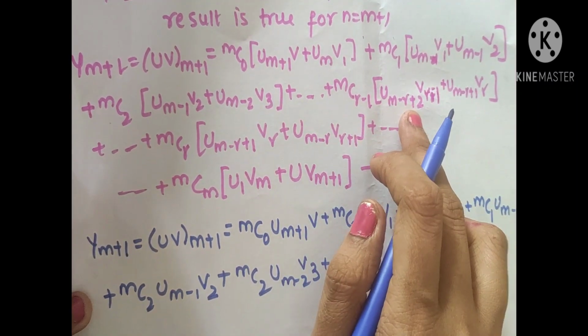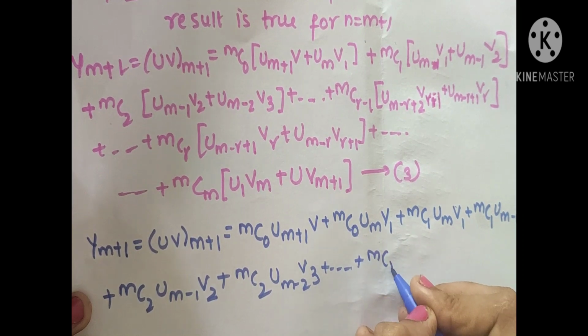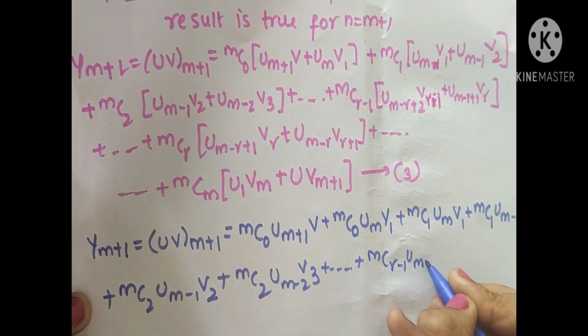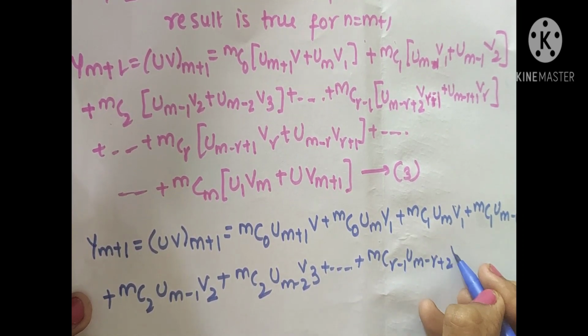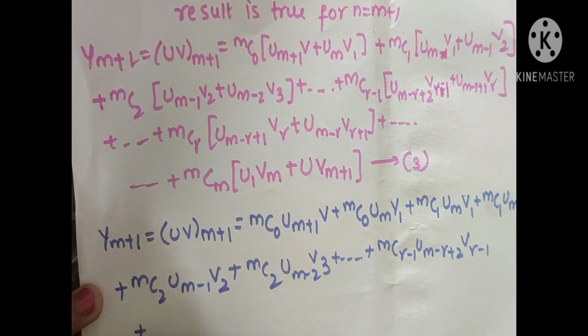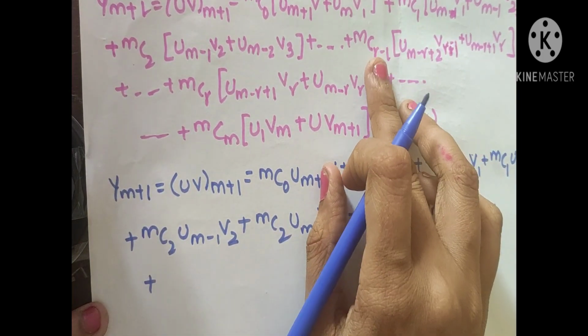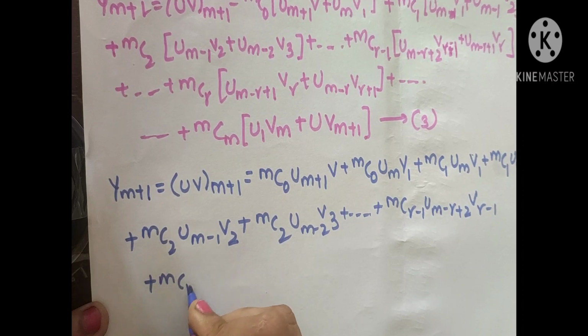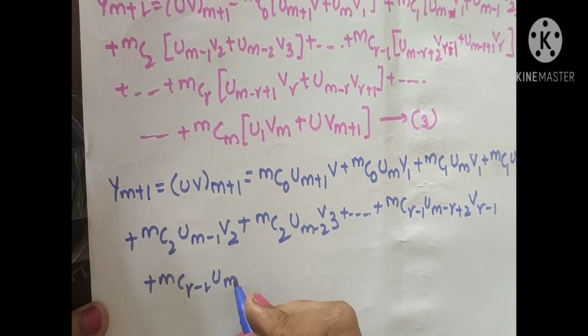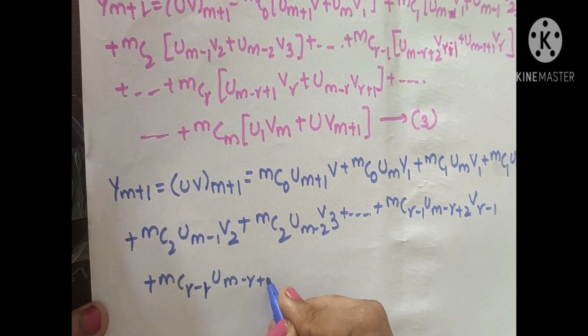Again just multiply inside, mcr minus 1 um minus r plus 2 vr minus 1 plus mcr minus 1 um minus r plus 1 vr.